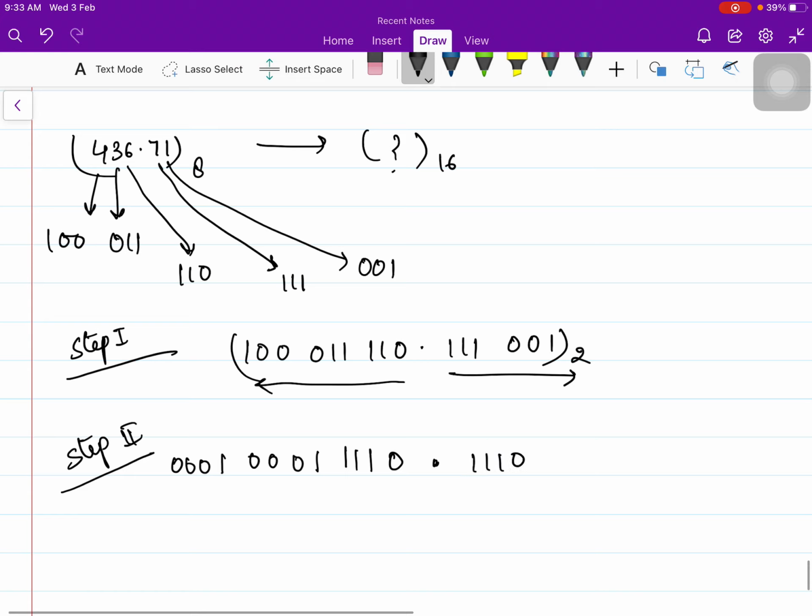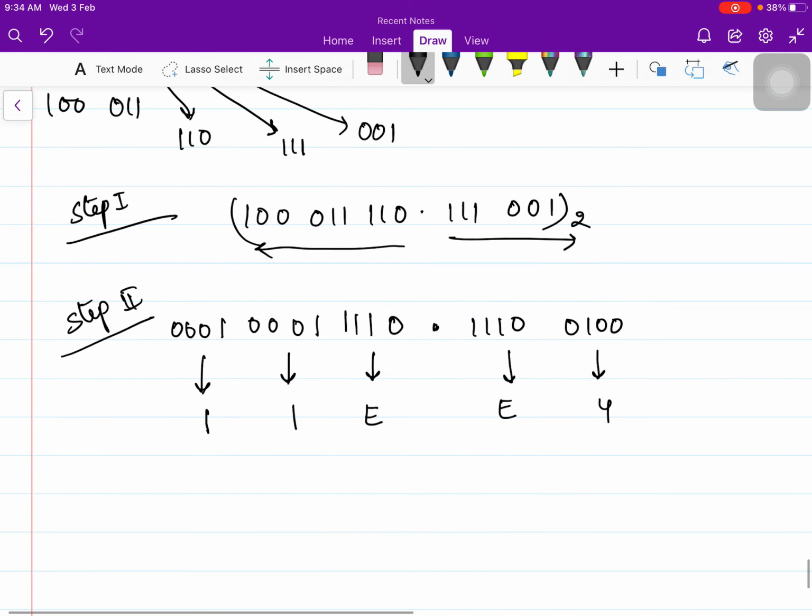Similarly, first group, and for the second group I have to insert 2 zeros. So this represents 1. Use the set 8421. This is also 1. 8 plus 4 plus 2, that is 14, that means E. 8 plus 4 plus 2, 14, E, and this is 4. So the answer is 11E.E4 in hexadecimal.